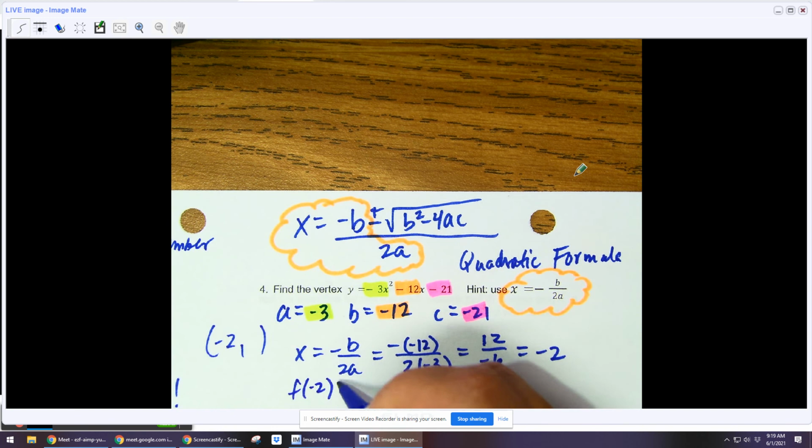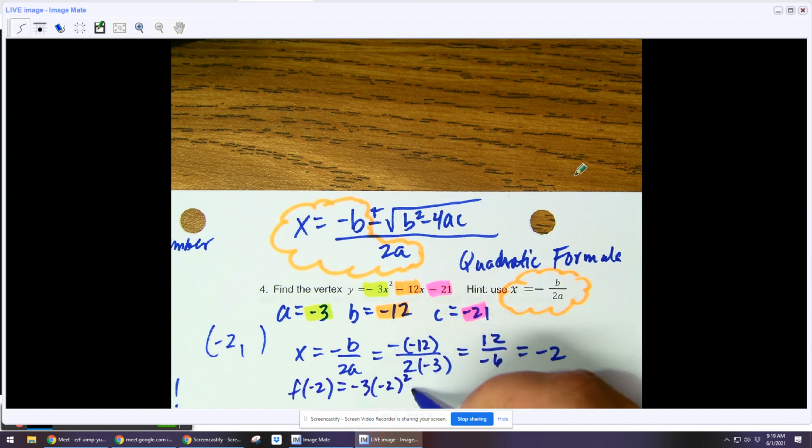I'm going to do f of -2 equals, plug in a -2 for x, plug in a -2 for x again, and now you're going to simplify.